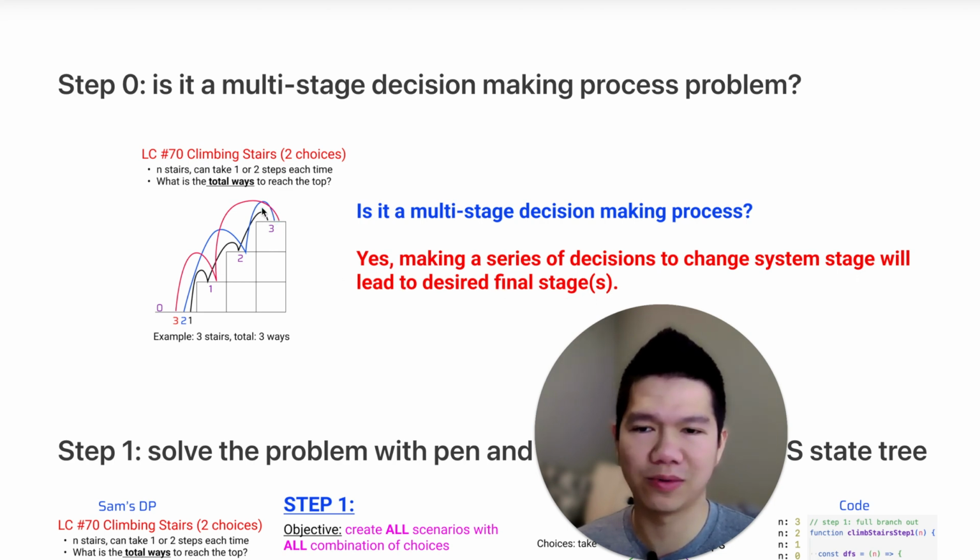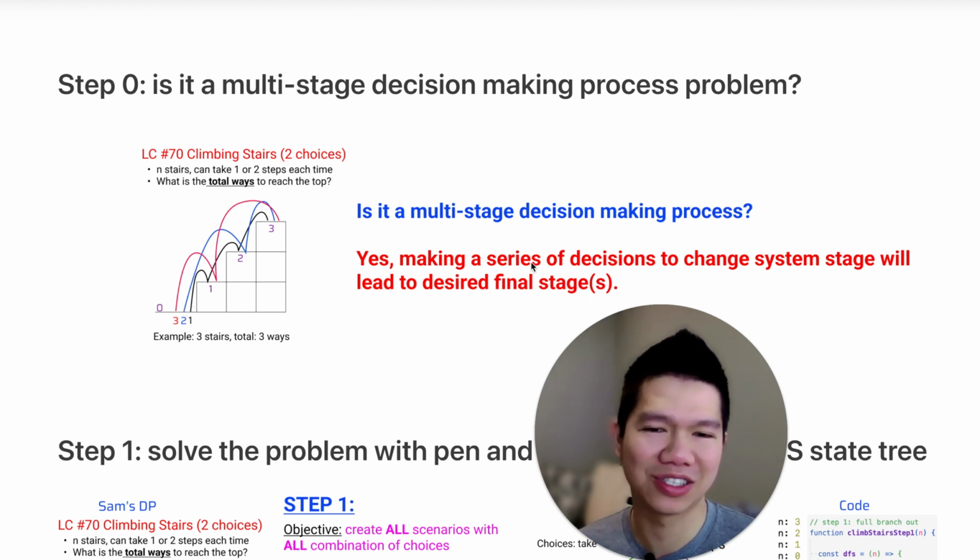For example, if we are at 3, we can keep making the decision of taking 1 step. So we're going to go from 3 to 2, 2 to 1, and 1 to 0. And that series of decisions changes the system state, where we're at 3 and finally we're at 0, which is the ground, also our desired final state.